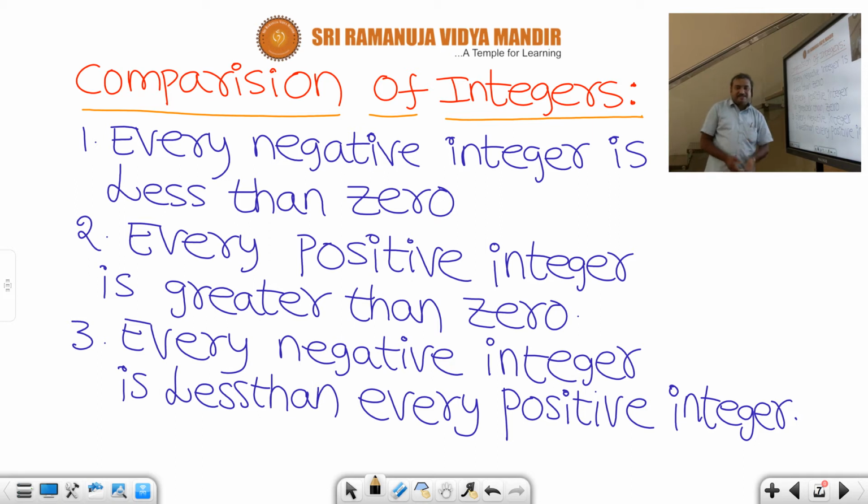Now for this, suppose -2 is a negative integer and 5 is a positive integer, then -2 is less than 5.